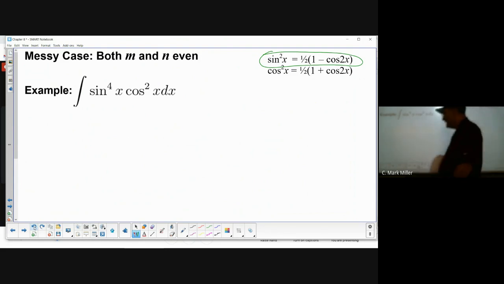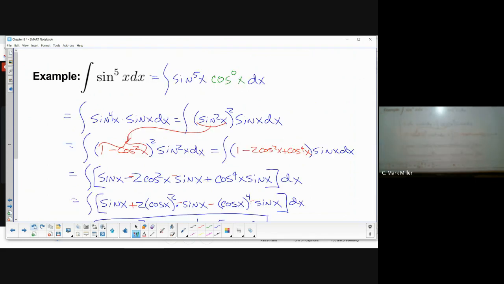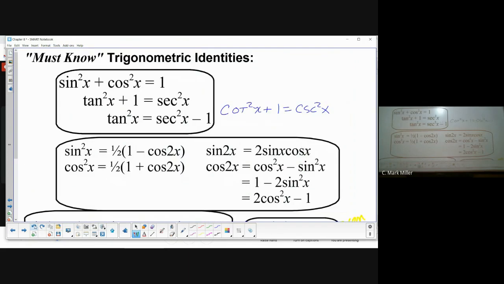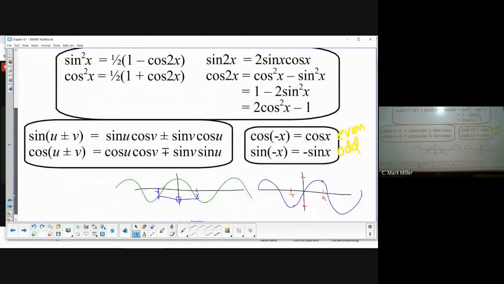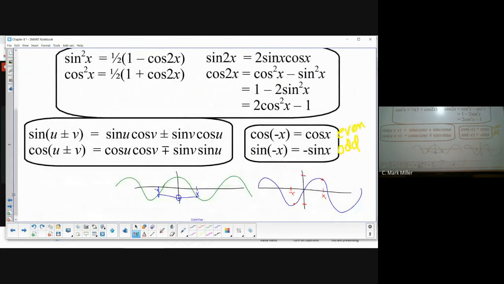Okay. By the way, let's go back a second. Our trig page here. Those are right here. Those come from these.